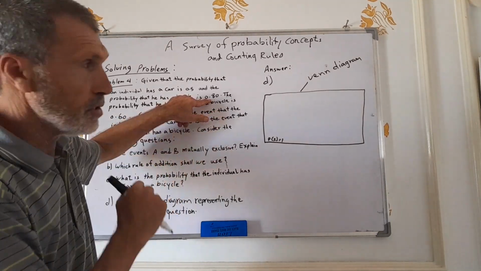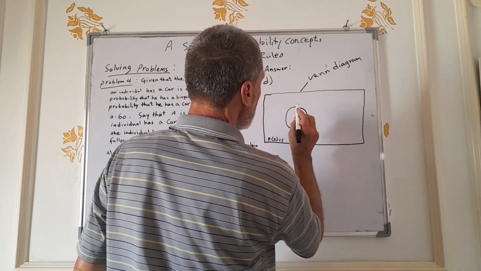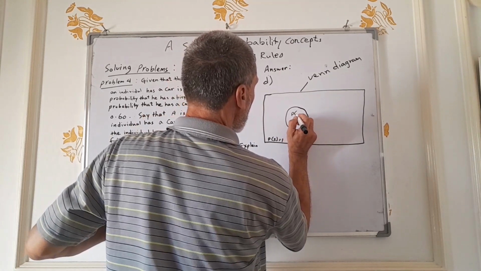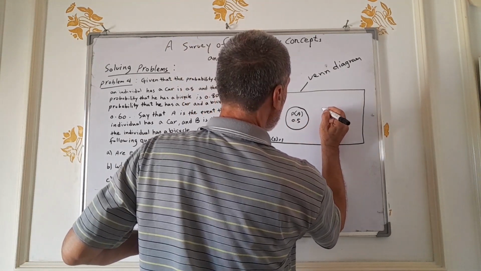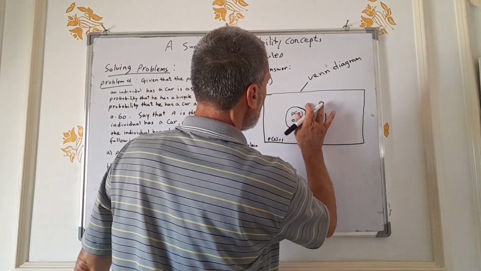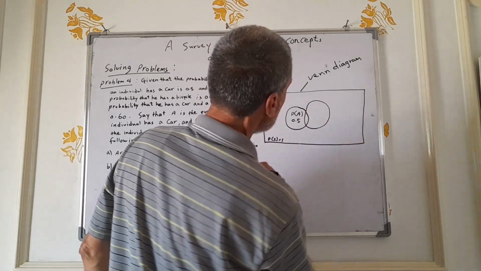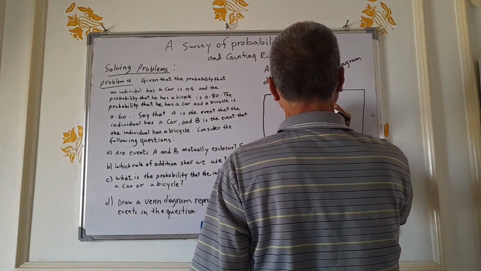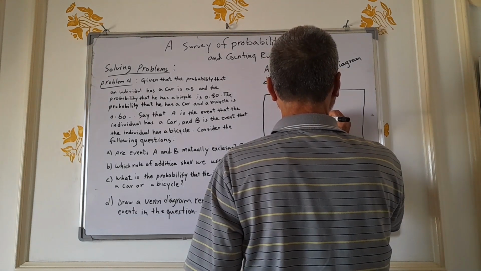So we have to show that here. This is A, which is probability of A, equal to 0.5. Then we draw this one here, let me just make it larger. This is B, the probability of B, which is 0.80.